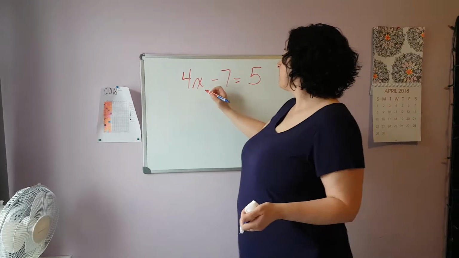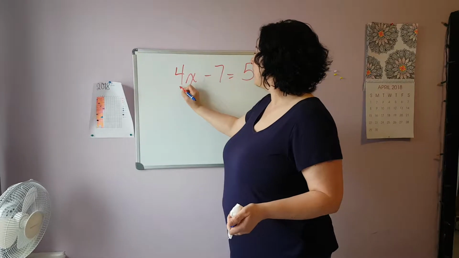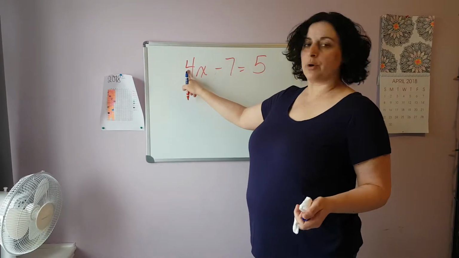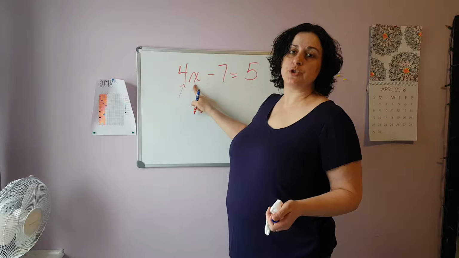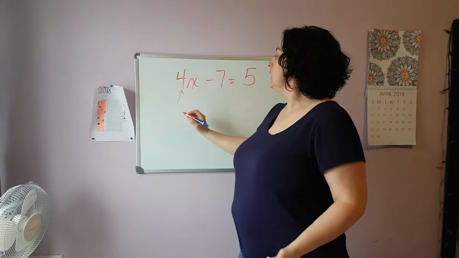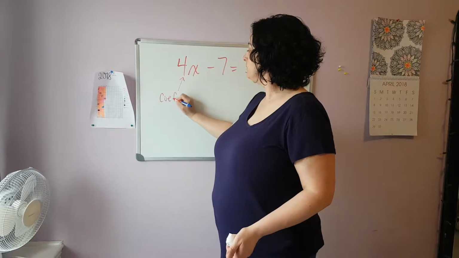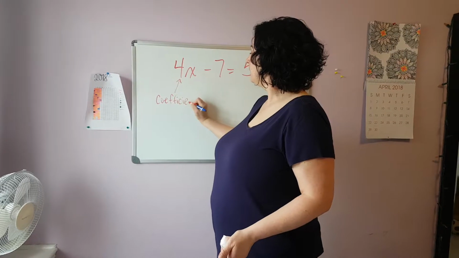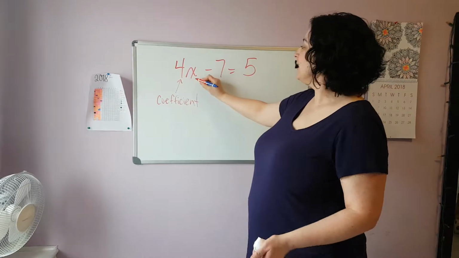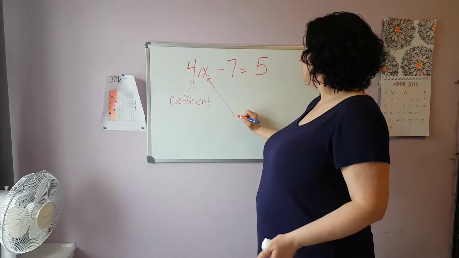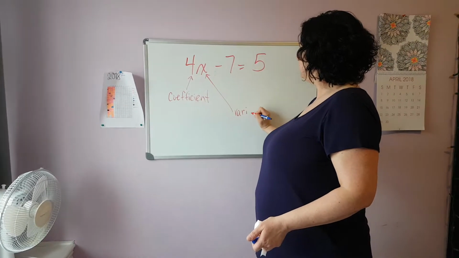This time, let's look at each individual one. Any number that gets multiplied to your letter is called a coefficient. The letter itself is called a variable.